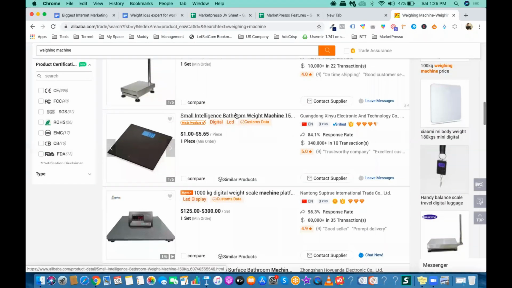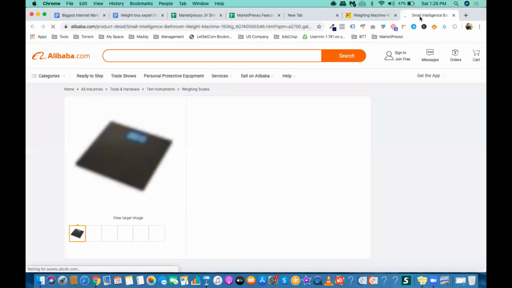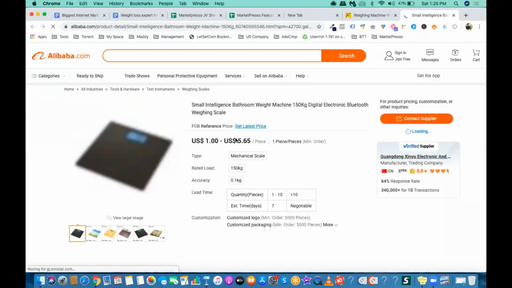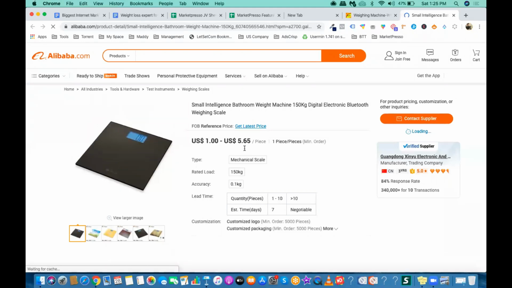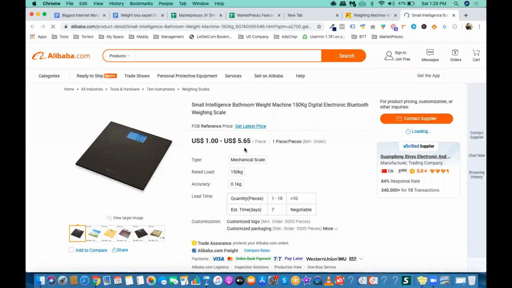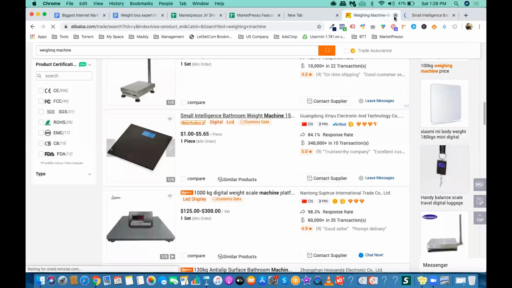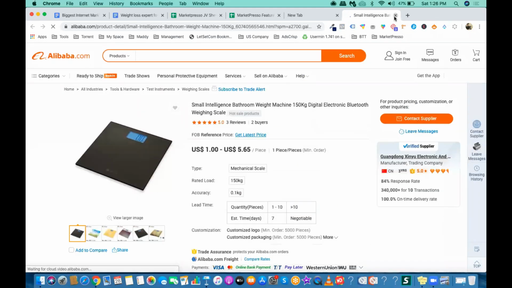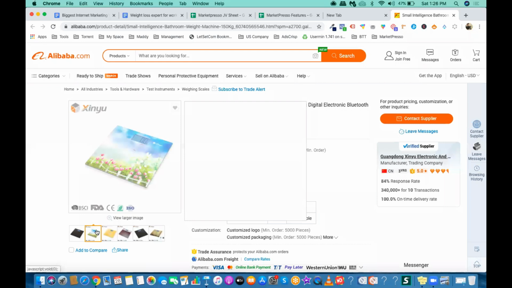Small intelligence bathroom weight machine, and I can get it for US $1 to US $5.65. Right? I mean, by simply Googling it, even I don't know where to get it. It's just that I have the ability to Google stuff. If you can just Google out things, you will be solving half of your problems.